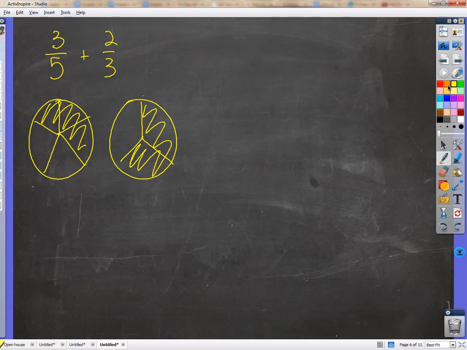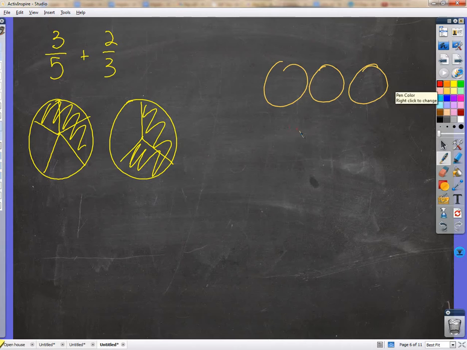If you had 3 oranges and 2 apples, just drawing messed up apples. I'm sorry about that. Apples are red, so I guess they could have been green.